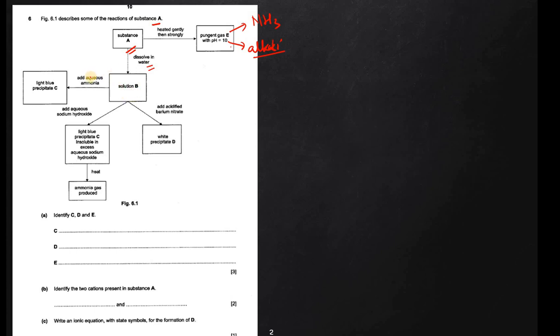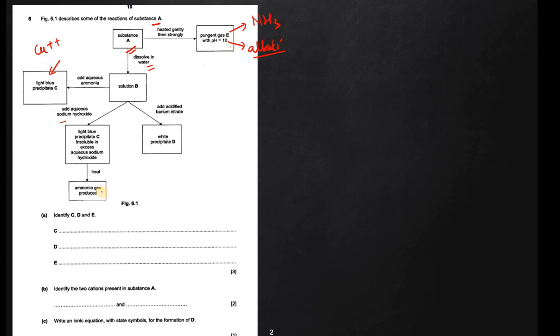Now when aqueous ammonia is added, a light blue precipitate C forms. When there's a light blue precipitate, it means there will be a salt of copper, right? Now to solution B, we have added aqueous sodium hydroxide, and a light blue precipitate forms, which is insoluble in excess hydroxide. It means confirm it is copper only. When it is heated, ammonia gas is produced.